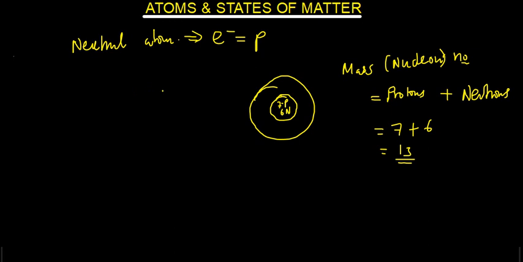This is also very important to understand. Protons are not involved in a chemical reaction. Neutrons are not involved in a chemical reaction. Those things are found in the nucleus. What will be involved in the reaction are electrons, which are found in the shells.